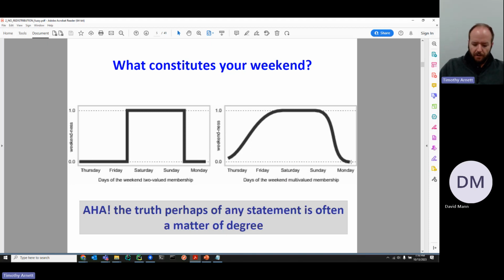And so this is just a quick visual example of how you might want to describe membership in a set with a function that is not just Boolean.